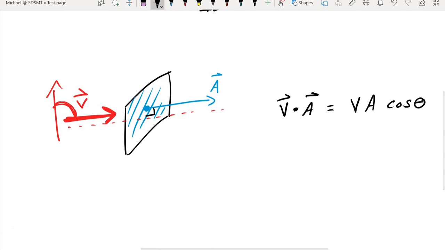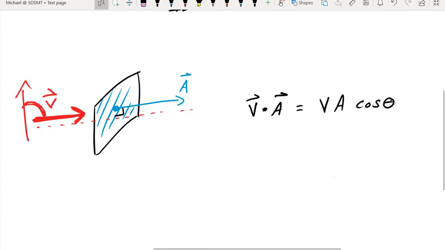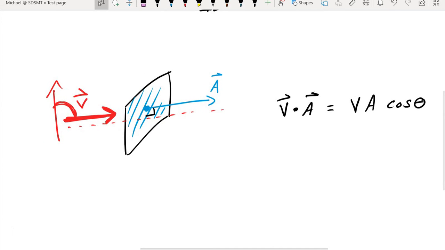Obviously, if I have a larger window, I can get more airflow through, and if the wind is blowing faster, I can get more airflow through. But then I have to consider at what angle these two are in relationship to each other.